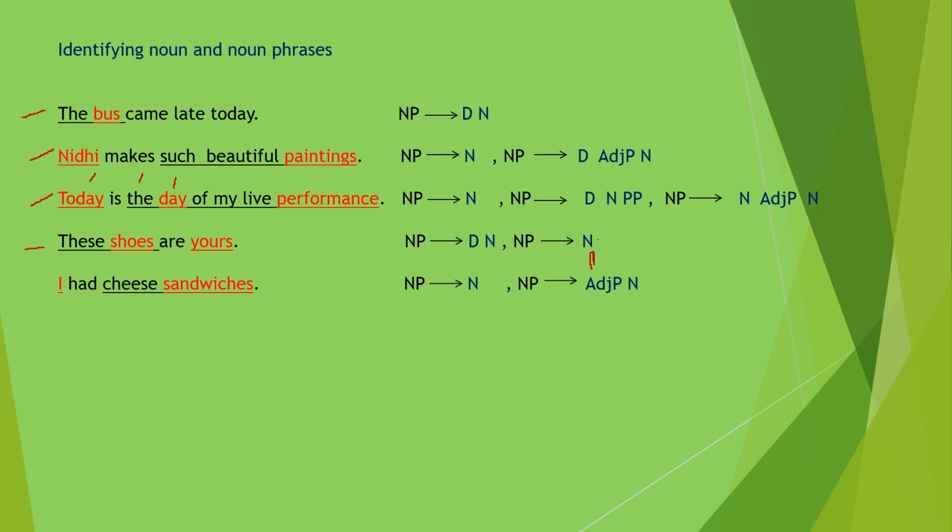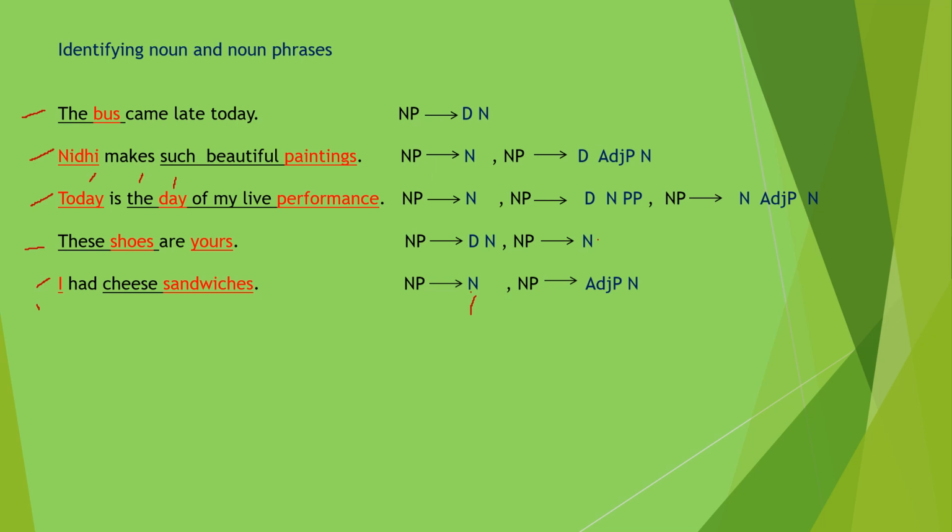Alright, so after that we have this last sentence here. I had cheese sandwiches. In this you have again two noun phrases. First one, I is the noun phrase here, and then it will divide into noun, and then again adding a dash, you can add pronoun, or simply you can just mention pronoun instead of noun.